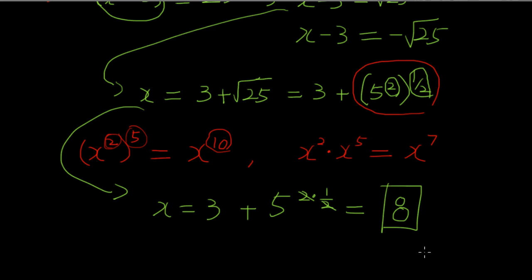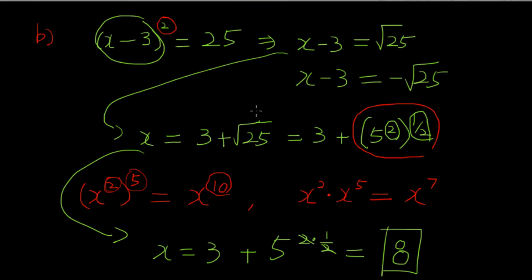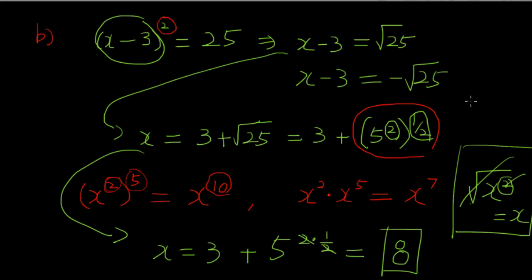One of our answers. Right? One of our answers. Okay. So it's safe to say the square root of x squared, what happened to the square and the square root? Because square root means half power, they will actually cancel out. Becomes just x. Right? You can think of it as another side note.